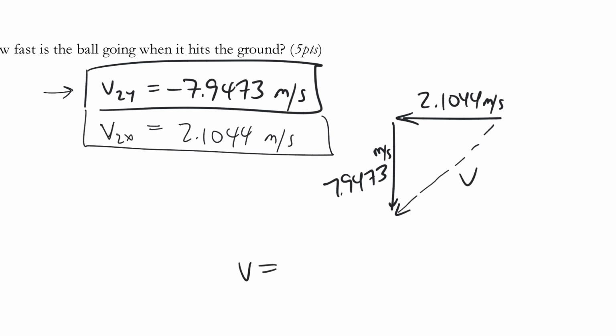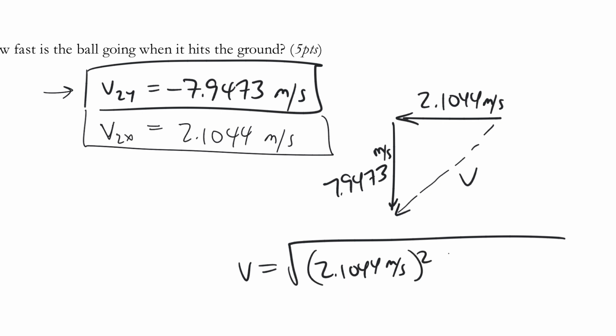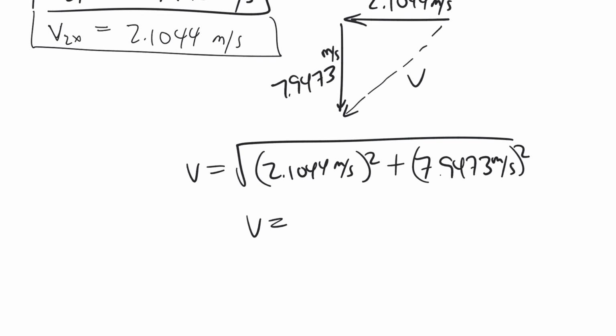So v equals the square root of the x part of this squared plus the y portion of this, 7.9473 meters per second squared. So v equals 8.2212 meters per second, or v equals 8.22 meters per second.